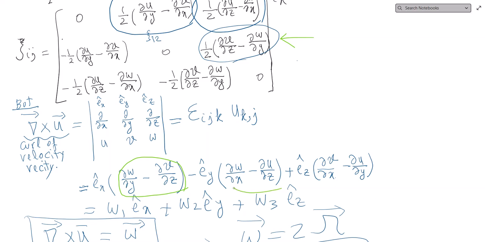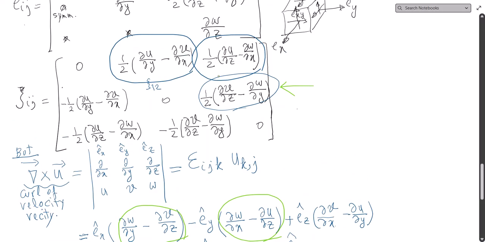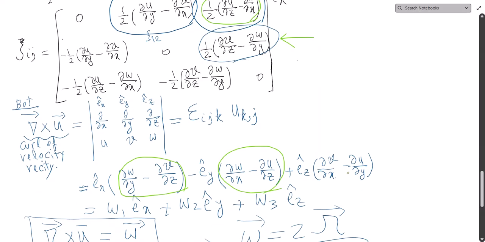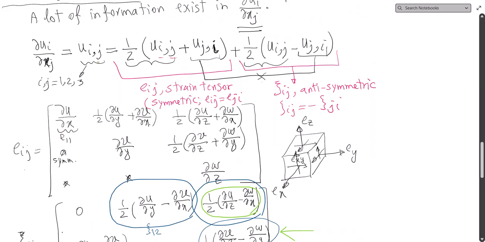Similarly, for this one, you see that you will get it here. And similarly for this one. So if I calculate the curl of velocity, which is connected to the rotation, I will get the part that I extracted from my u_i,j tensor, which is this part.